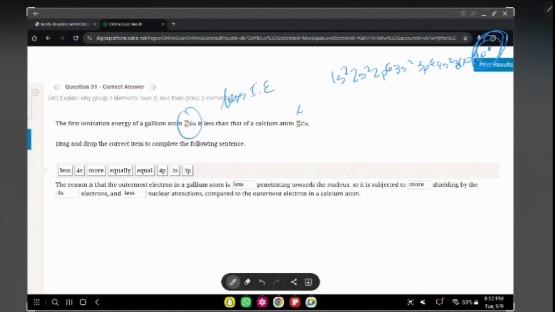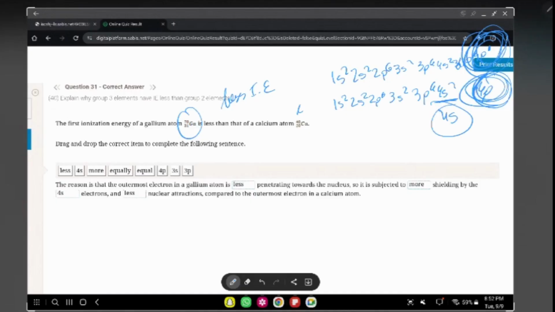In calcium, it's 1s2, 2s2, 2p6, 3s2, 3p6, 4s2, with 3d10 before the 4p in gallium. You have 4s as your last one. Now, which one's more energetic, 4p or 4s? Obviously, it's going to be 4p. Since it's more energetic, that means the electrons are easier to be lost.